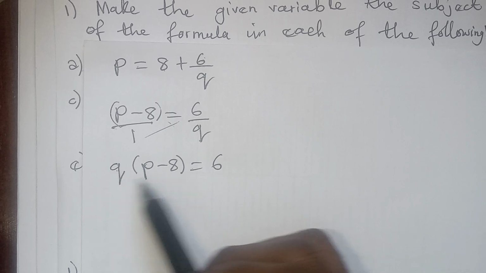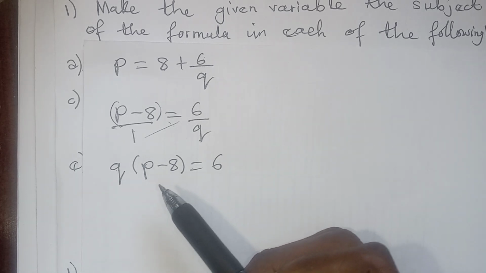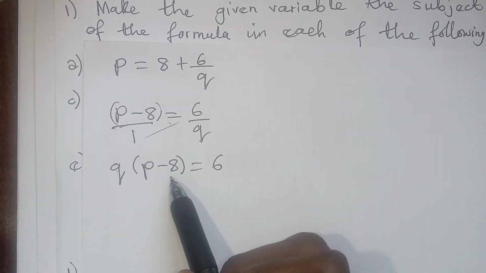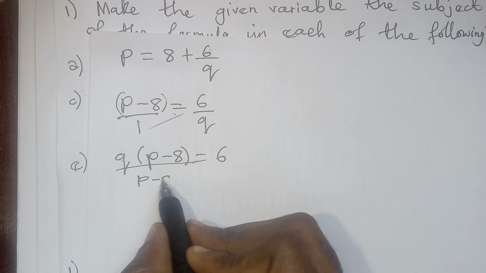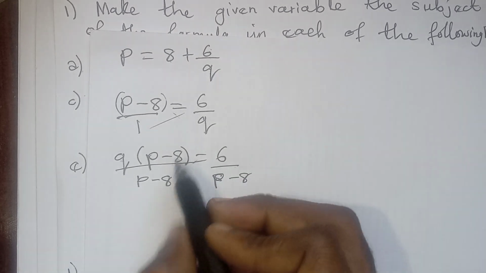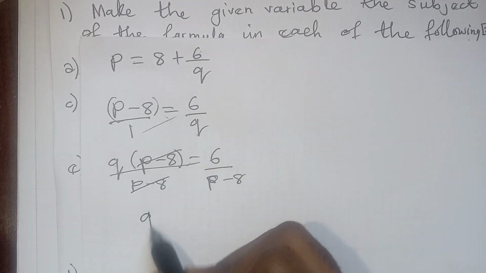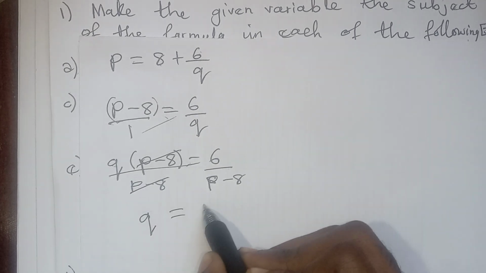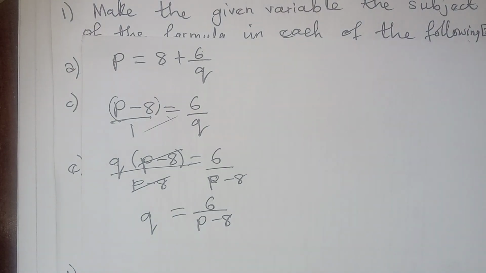So the moment you expand this, then you will be forced to factorize again. So it's better to leave it like this and then divide both sides by P minus 8, because once you get rid of P minus 8, you remain with Q, which is the subject of the formula as required.